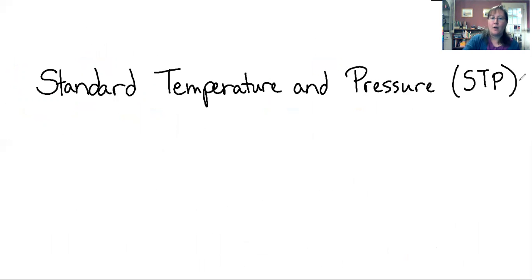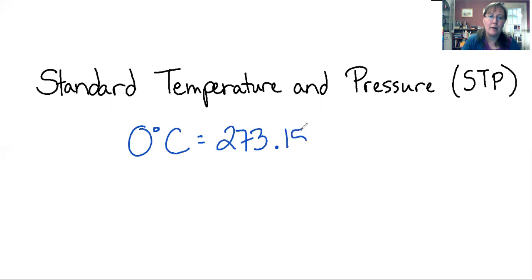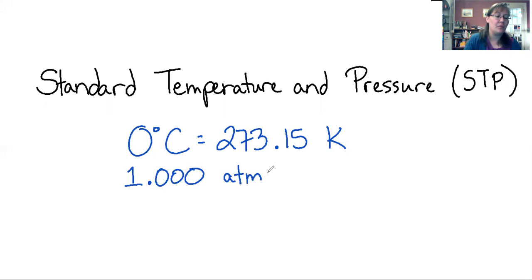It means a couple of very important things. First of all, it means that we are at 0 degrees Celsius exactly, or 273.15 kelvins. It also means that we are exactly 1 atmosphere in pressure.